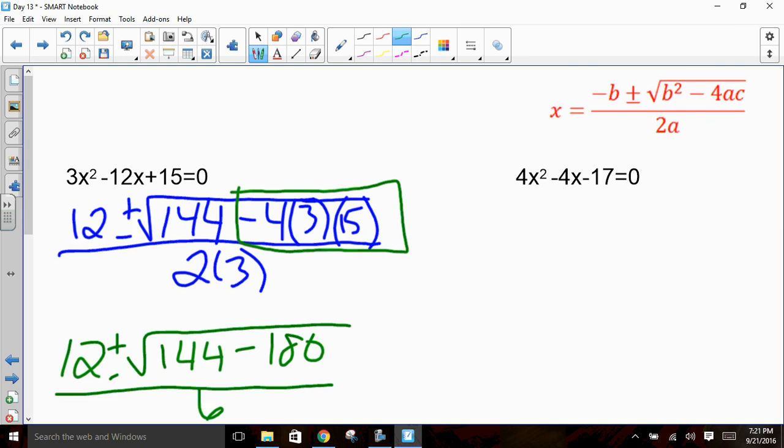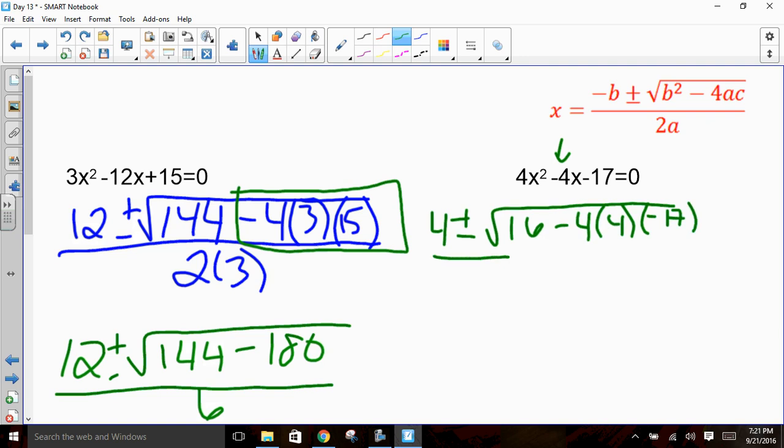I have the opposite of my b, so I have positive 4 plus or minus the square root of 4 squared, which is 16, minus 4 times my a value of 4 times my c value of negative 17, all over 2 times 4, which will give me 8.